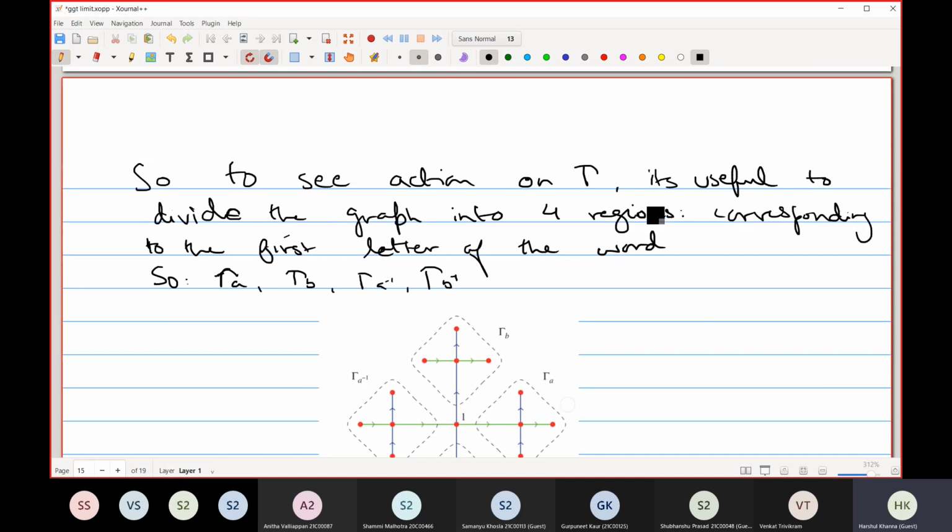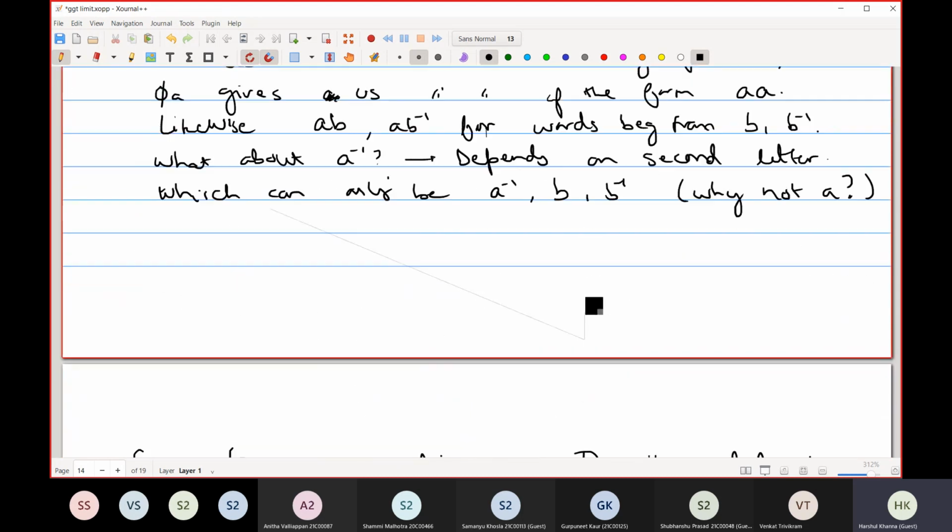To see the action on the tree, it's useful to divide the graph into 4 regions corresponding to the first letter of the word. This is the region which has words starting from A. This has words starting from B, A inverse, B inverse. We denote 1 by a fifth region, the identity element.